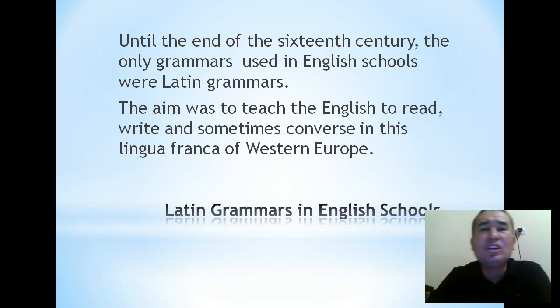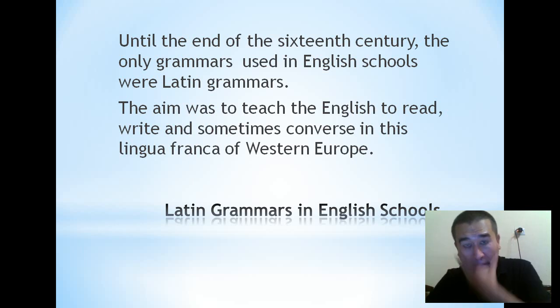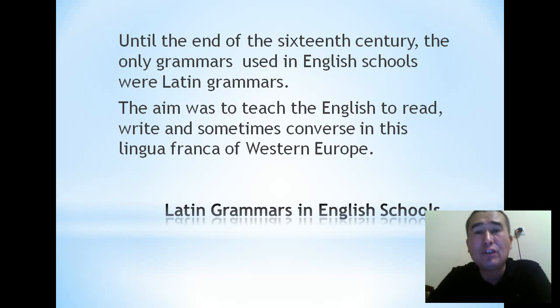The aim was to teach the English to read, write, and sometimes converse in this lingua franca of Western Europe. You know, Latin was the language of science and religion in medieval ages. So that's why it was taught all around Europe.